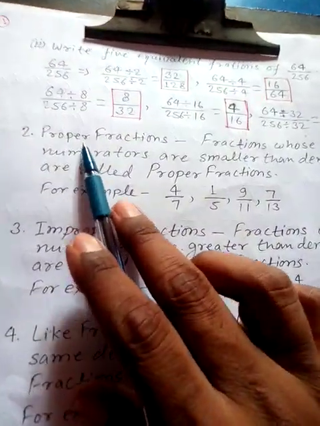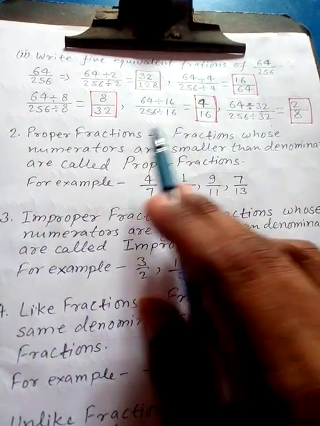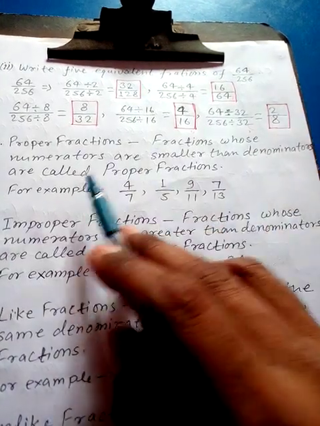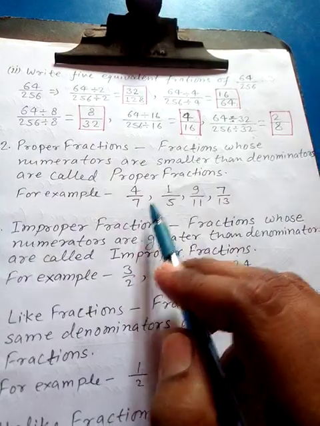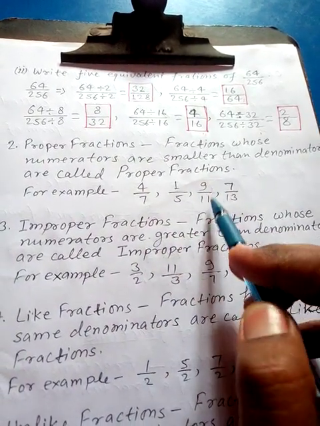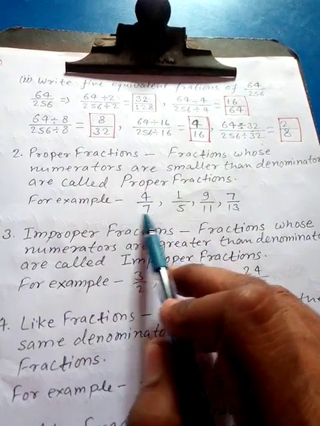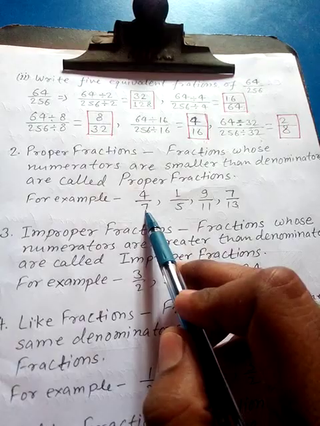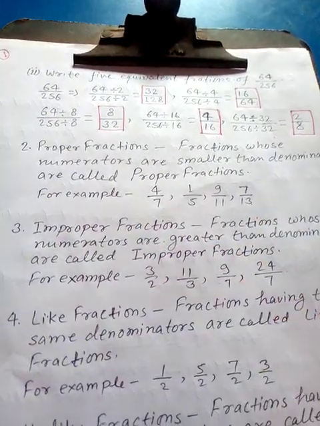Now, proper fractions. Fractions whose numerators are smaller than denominators are called proper fractions. For example, 4 by 7, 1 by 5, 9 by 11, 7 by 13. In all these fractions the numerator is less than the denominator. So these are proper fractions.